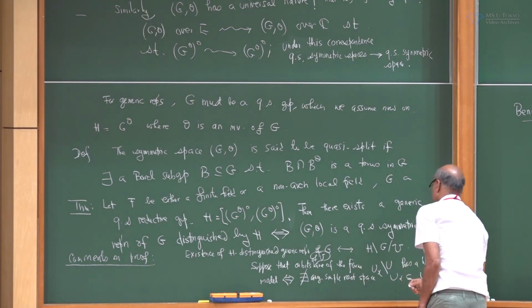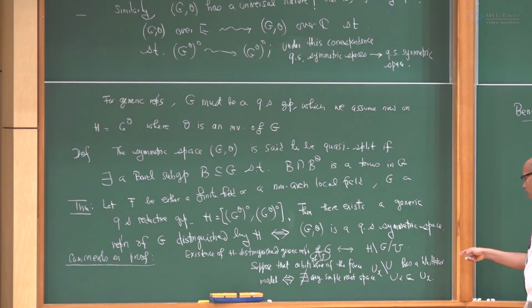There are no simple roots, and then you will choose an appropriate linear form on U, trivial on Ux, and it will be non-trivial on U alpha.